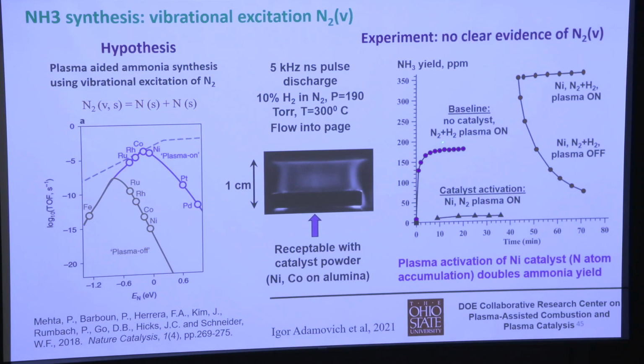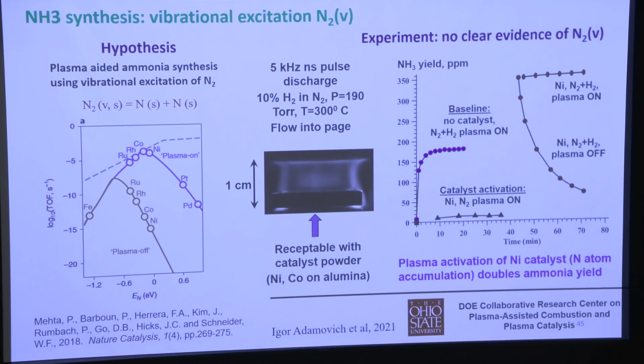Now you turn on nitrogen and hydrogen with plasma, but without the catalyst. You form some ammonia, about 170 ppm. But now you turn on the catalyst and the plasma together, and you create about double, 340.